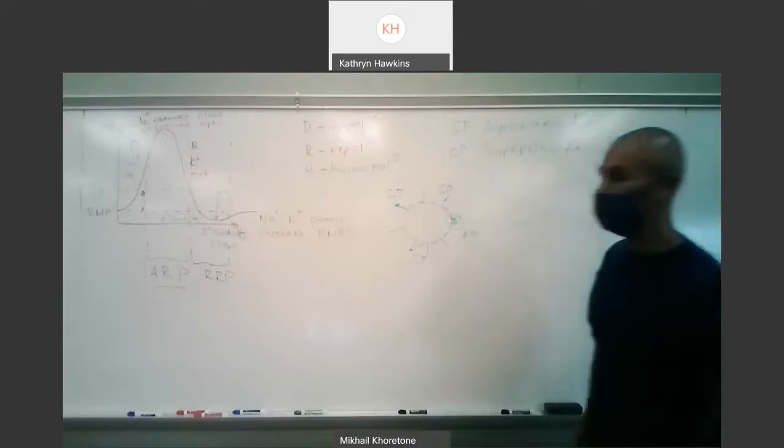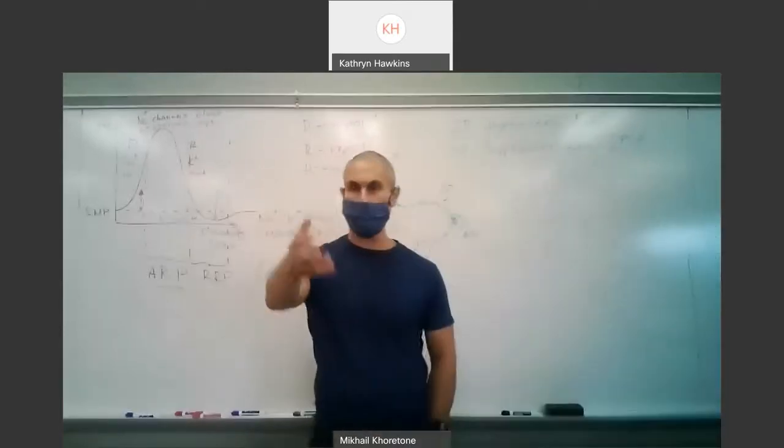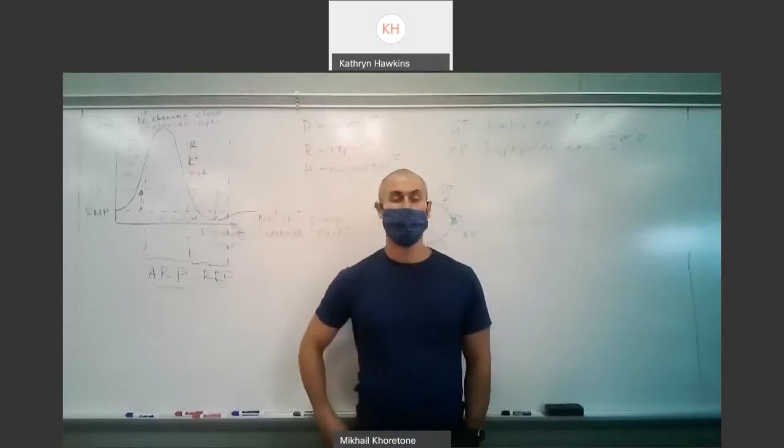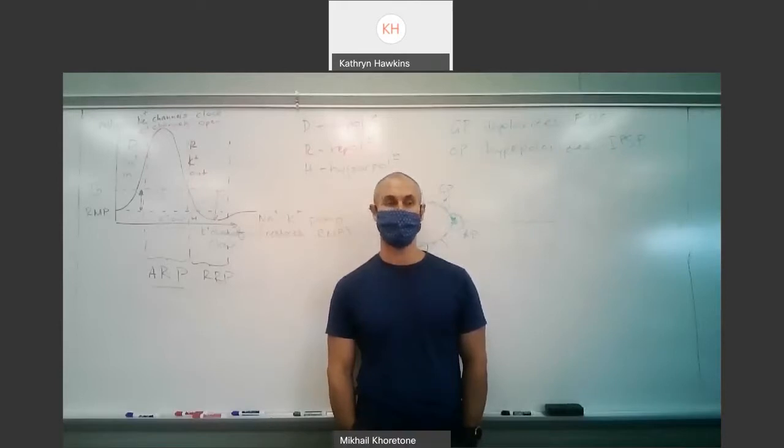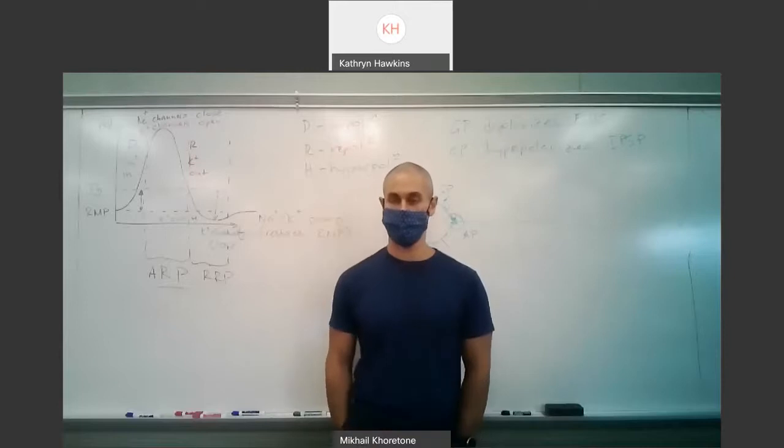Now, it's not a hard question. It just requires maybe going back a couple of pages and looking at which two ions can create inhibitory postsynaptic potential. Which two ions can make the cell more negative?